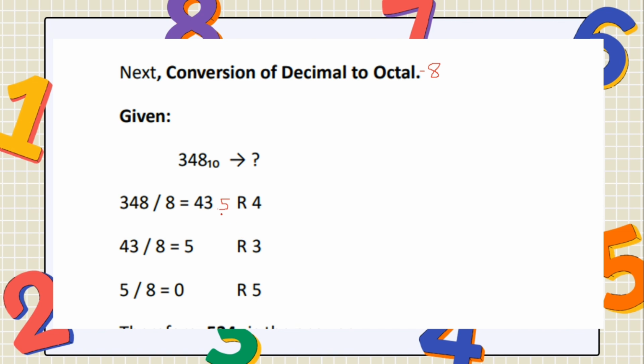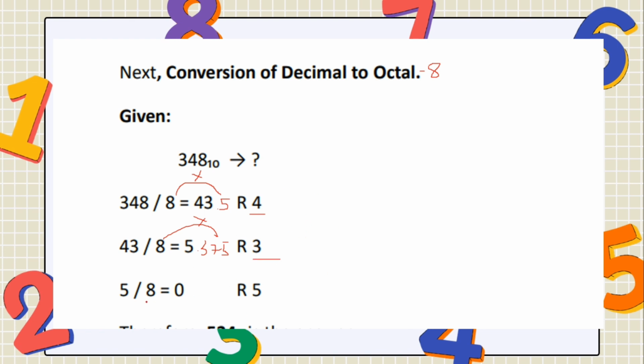So, times again, use same method, 8 times 0.5 equals 4. So 43 divided by 8 equals 5.375. Then times again 8 times 0.375 equals 3. Make sure jud complete ang imong pag-calculate ani nila.